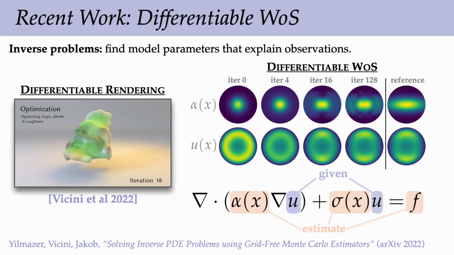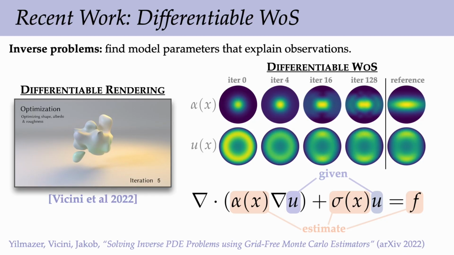There's been work on differentiable versions of walk-on spheres, some sort of preliminary work that says, maybe I want to find parameters of my PDE that explains things that I've observed. So this is something that's been very exciting recently in rendering and computer vision, using Monte Carlo renderers to try to understand which geometry produced an observed image, like this image of the chair.